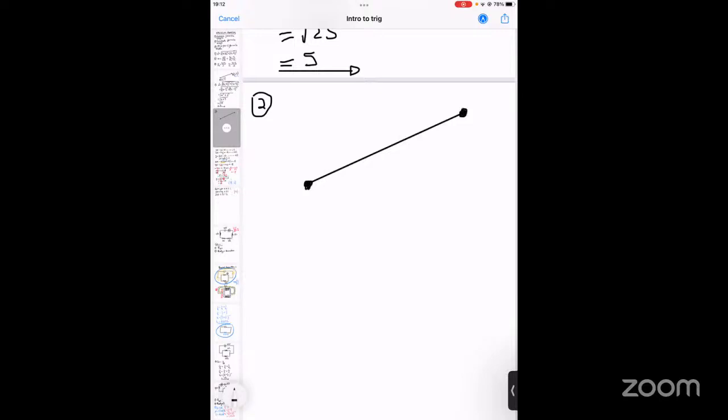And then let's say we have point C having the coordinates 3 and 4. And then we've got point D there having, let us say, 5 and 8. I'm just giving an example there.